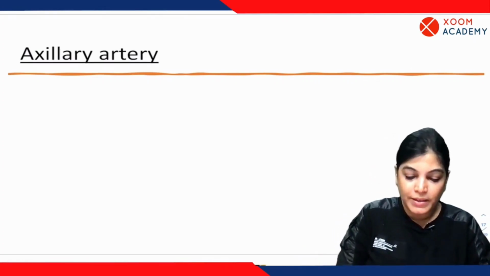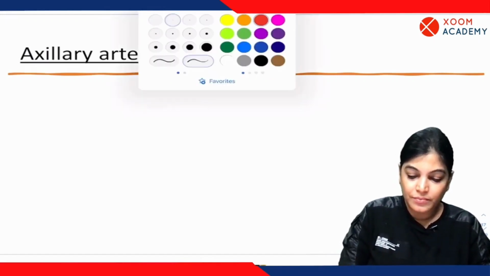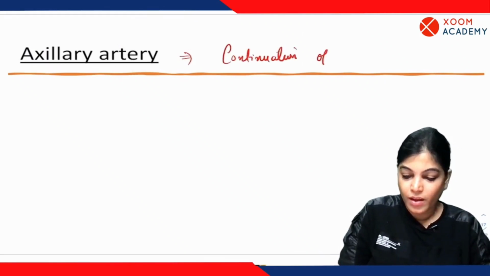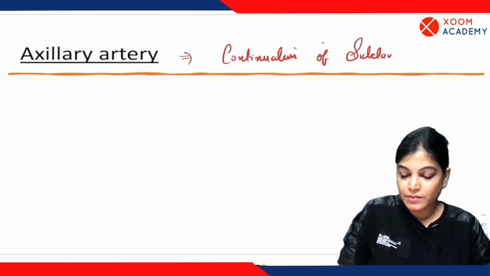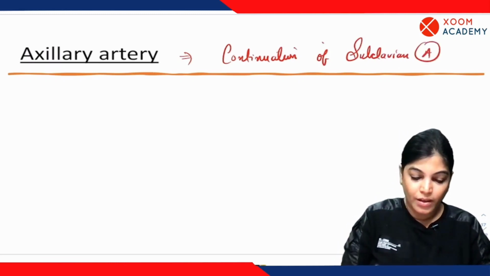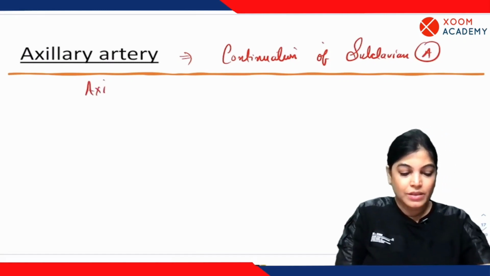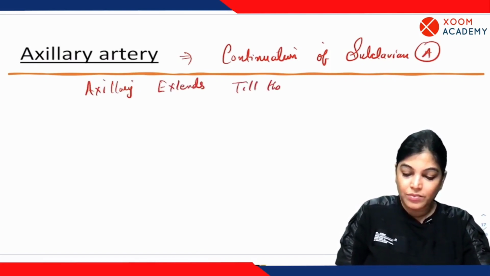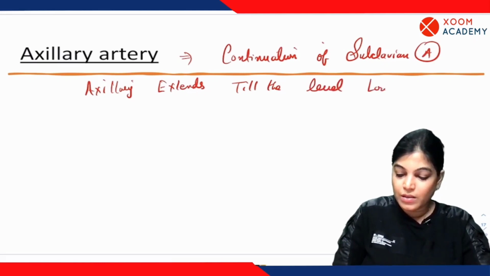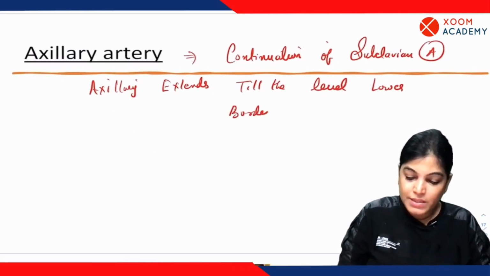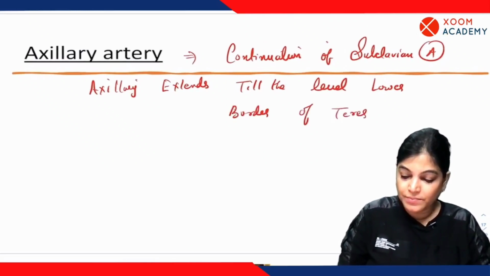So, write down the important point: axillary artery is a continuation of subclavian artery. Axillary artery extends till the level of lower border of teres major muscle.